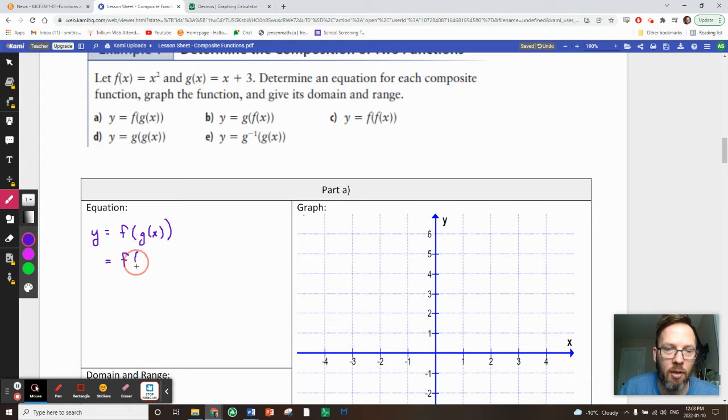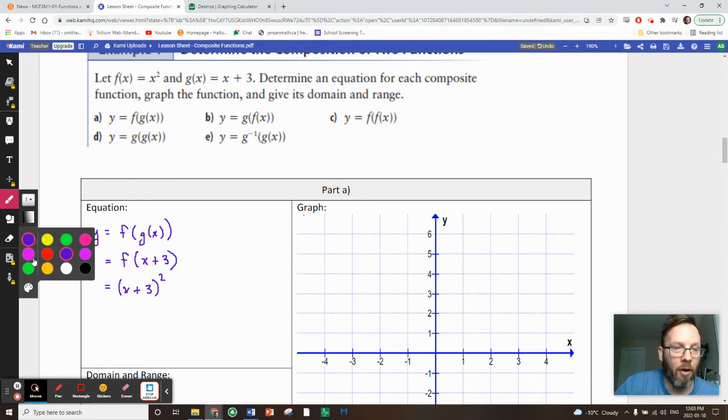What is our function g? It's x plus 3. So in our function f, where there's an x, we're going to plug in x plus 3. Our function f was just x squared. So instead of x squared, we're going to plug in x plus 3: x plus 3 squared. And that's it. We have our first example there.